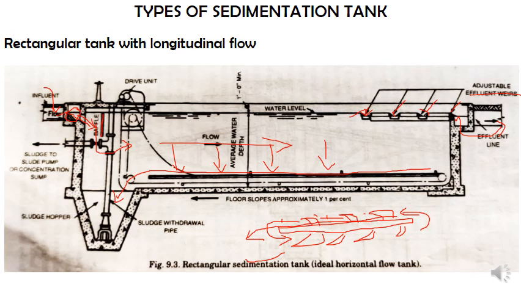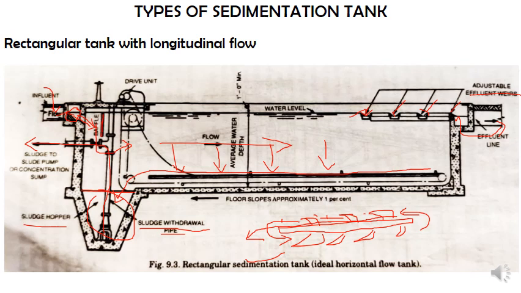Basically this is what we call a sludge withdrawal pipe or a sludge hopper over here. So this is a mechanical process. Once a sufficient or predetermined quantity of sludge is collected, through these pipes you can pump that sludge to the outlet and it can be dried or else taken to further processing.